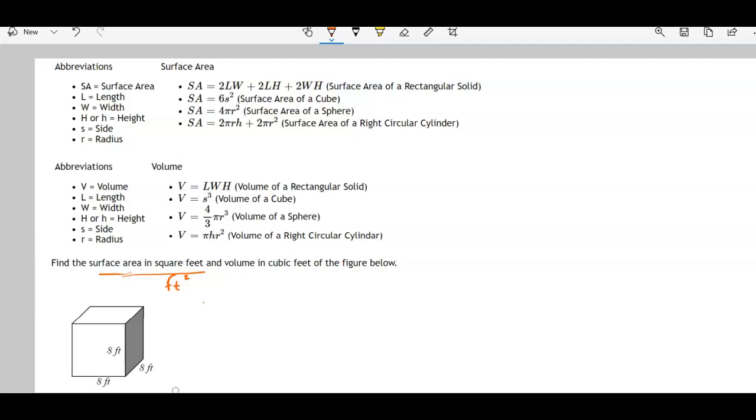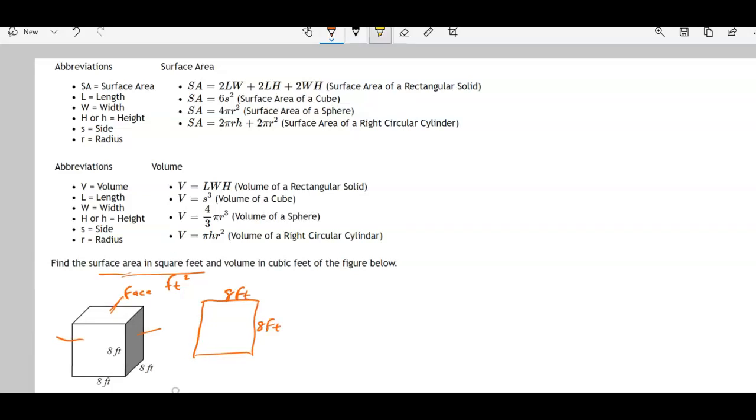For example, if we just take a look at one of those faces, notice we can see three faces here: the front, the top, and this right side. One of those faces is 8 feet by 8 feet.